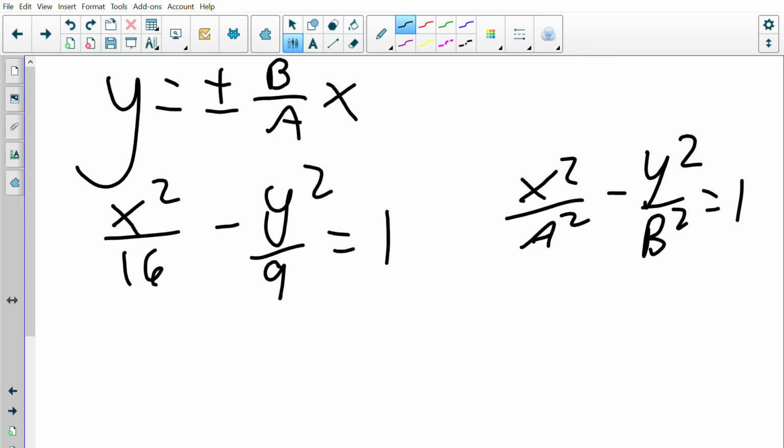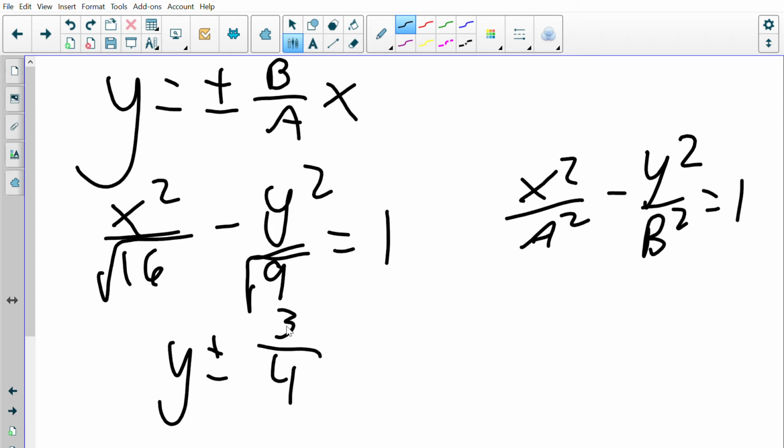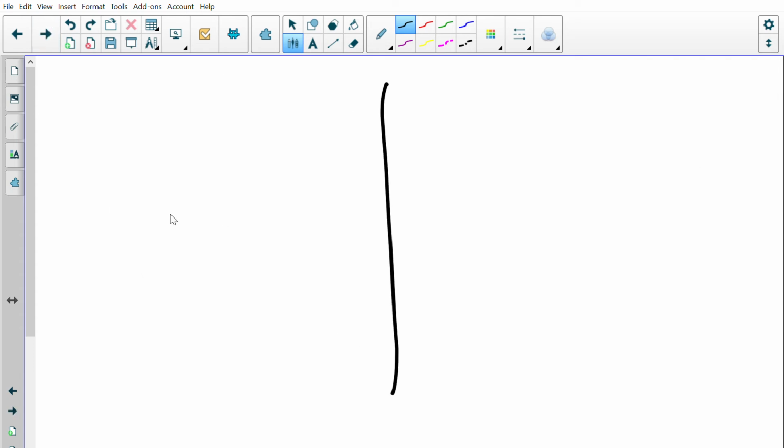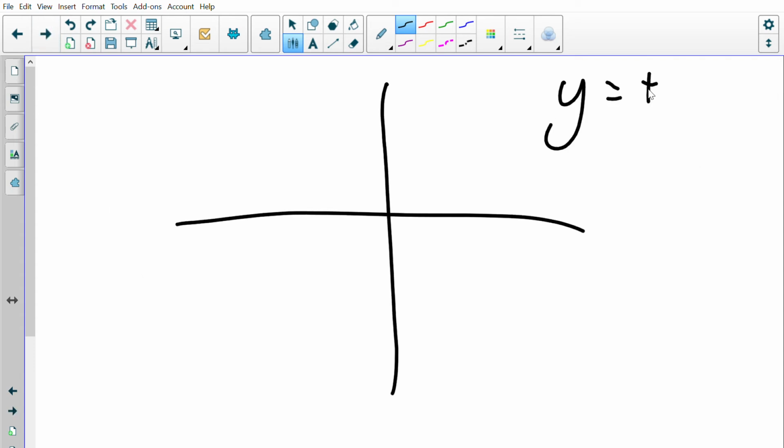So my b squared is 9, and the most basic thing, they just want b, so this is going to be the square root of 9. So it's going to be plus or minus 3, and then over the square root of 4. So when graphing this, we had y is equal to plus or minus 3 over 4x.